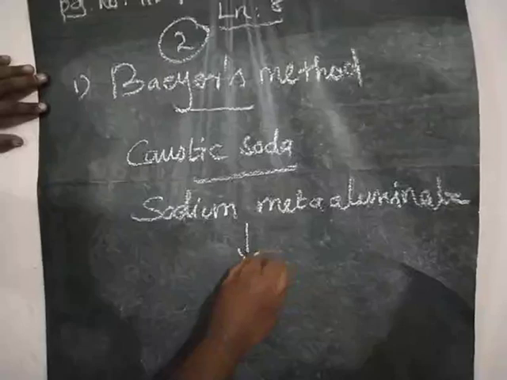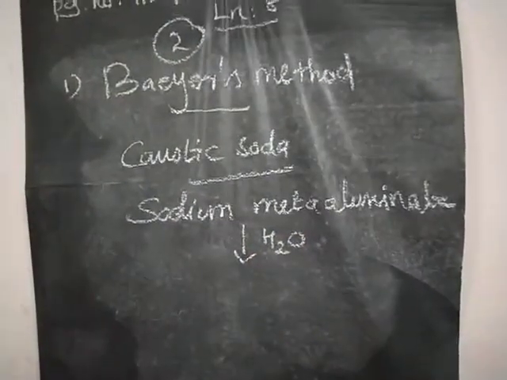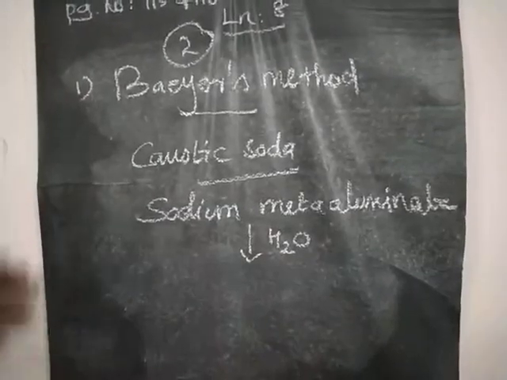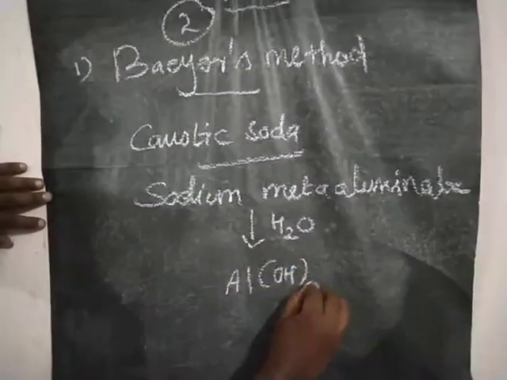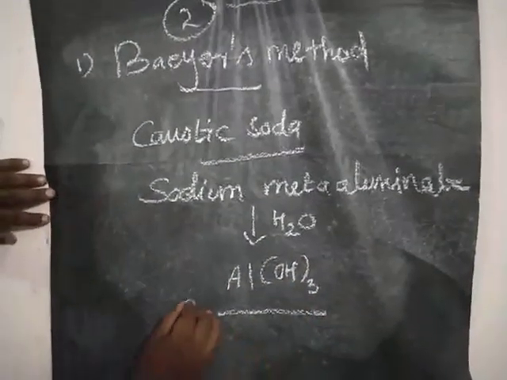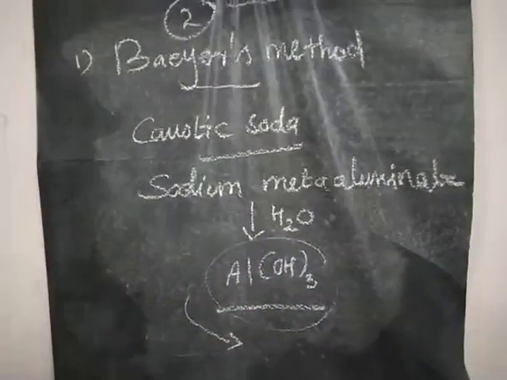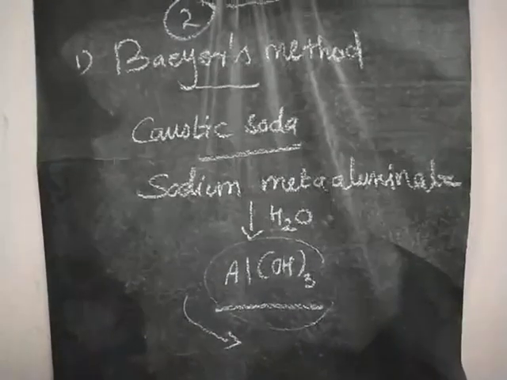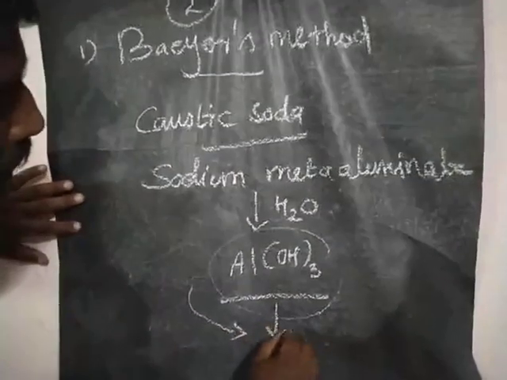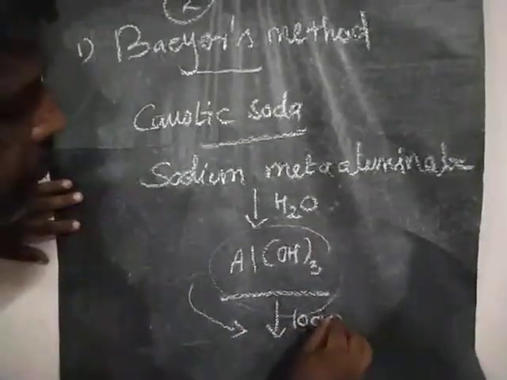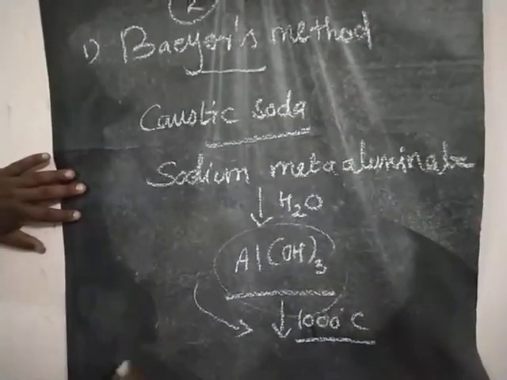Again this sodium meta-aluminate is washed with water to form aluminium hydroxide. The last step in this process, after washing this aluminium hydroxide, it is dried and ignited at 1000 degrees Celsius to get alumina.